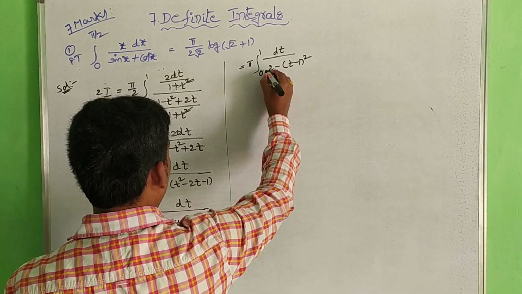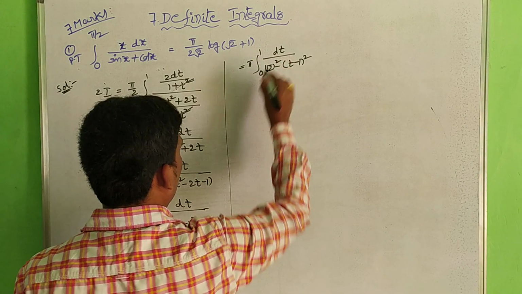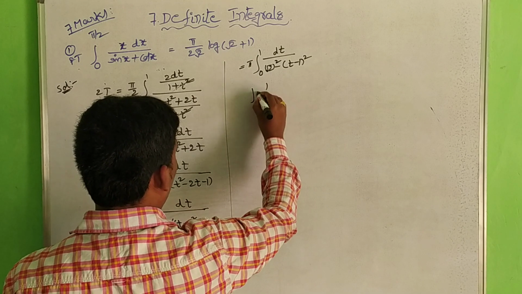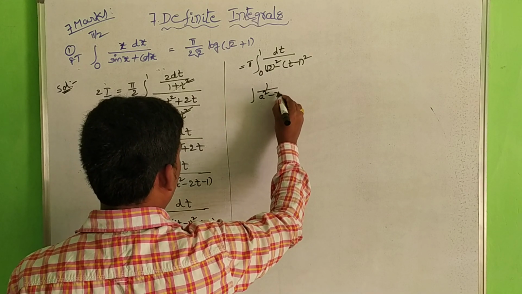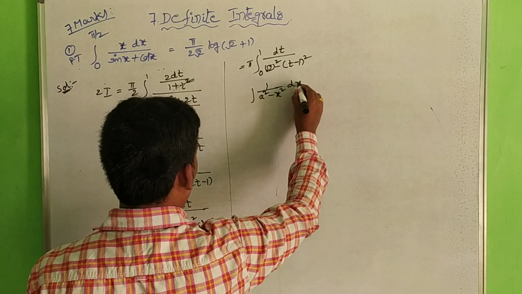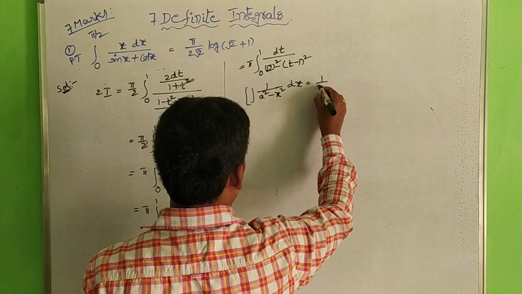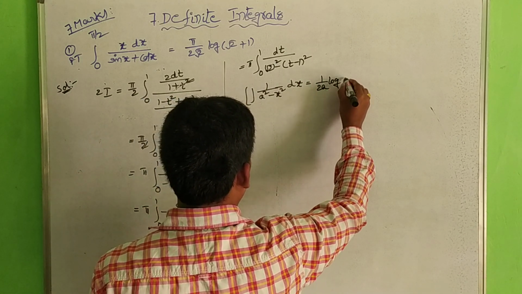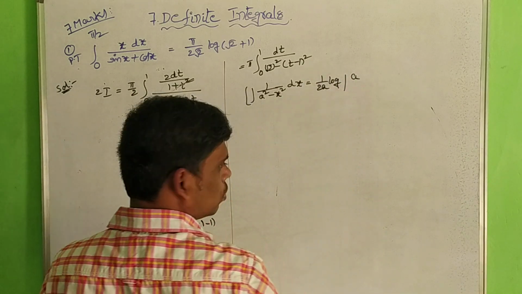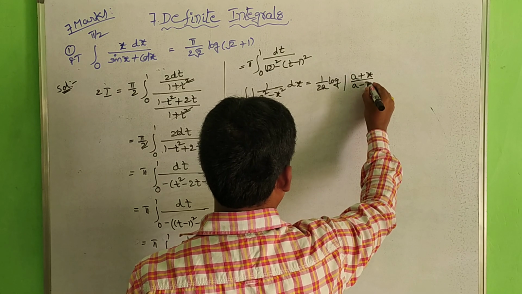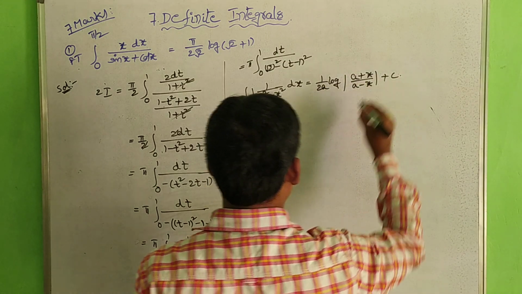We can write 2 as root 2 whole square. The formula: integral 1 by a square minus x square dx equals 1 by 2a log modulus of a plus x by a minus x plus c.